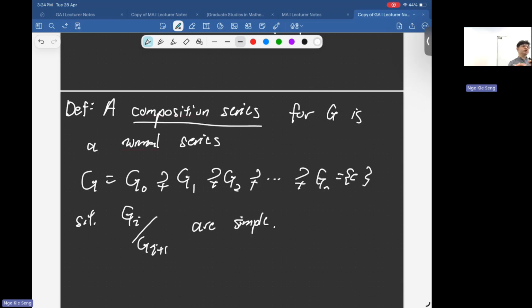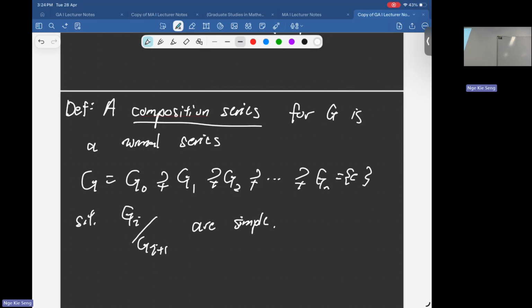So after you take normal, this G_1 is normal in G, and then if you quotient out by another normal subgroup over G_1, there's no more normal subgroup inside there, because G_i over G_{i+1} is already simple.